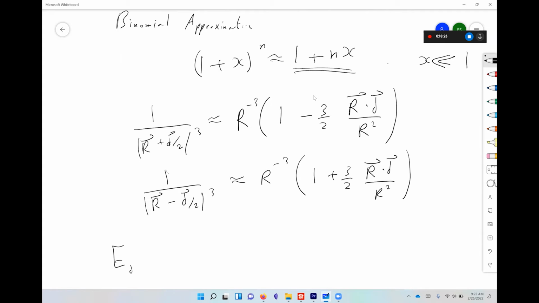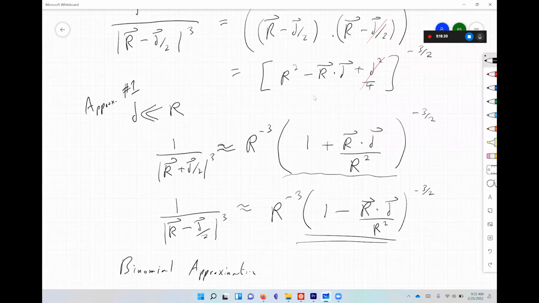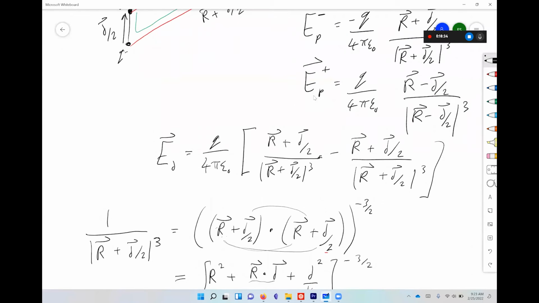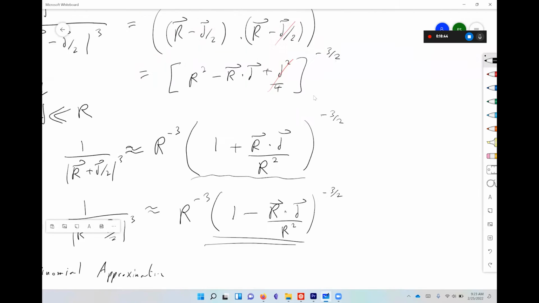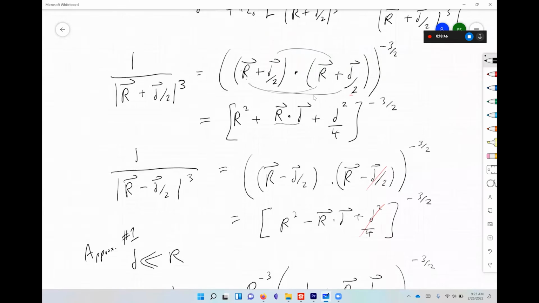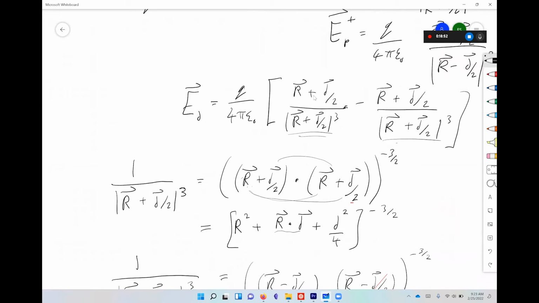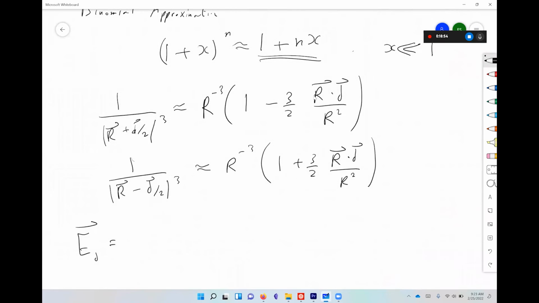So what is the field? Let's see. We just now multiply what we've gotten. So we have an approximation for this, and we have an approximation for this.